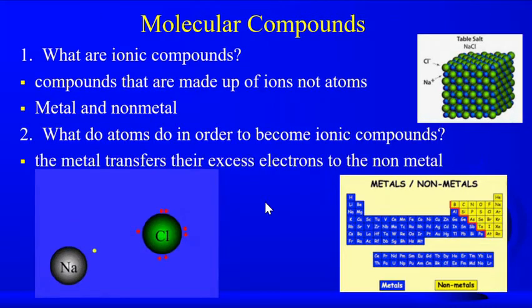Well, as you can see there, a metal has to give away its electron to its non-metal neighbor. So the nonmetal goes, hey, give me that electron. Sodium goes, sure. So there is a transfer of electrons.